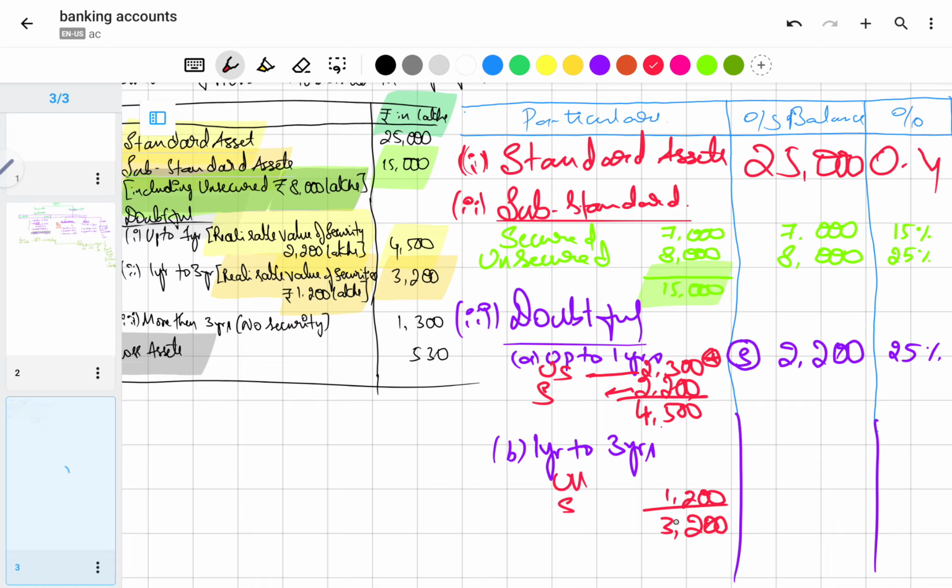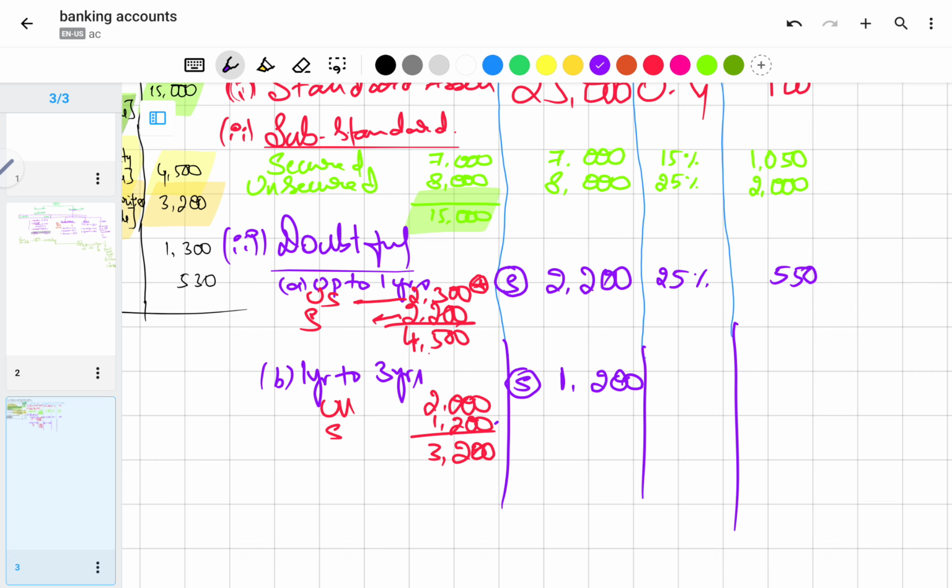Then the unsecured portion is the difference, 2,000 lakhs. What's the percentage for more than 1 year to 3 years? It is 40 percentage. Then 1,200 into 40 percentage amounts to 480.